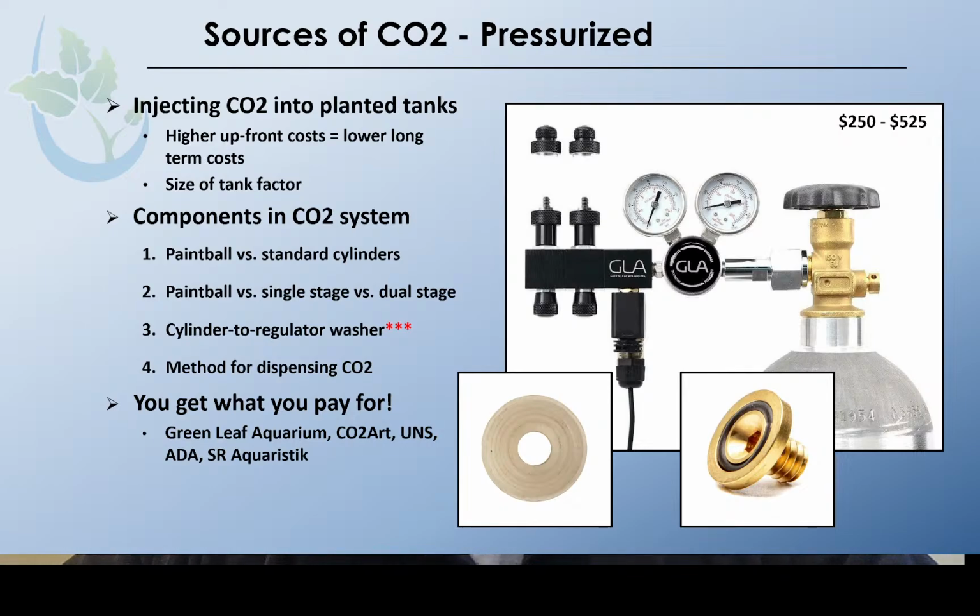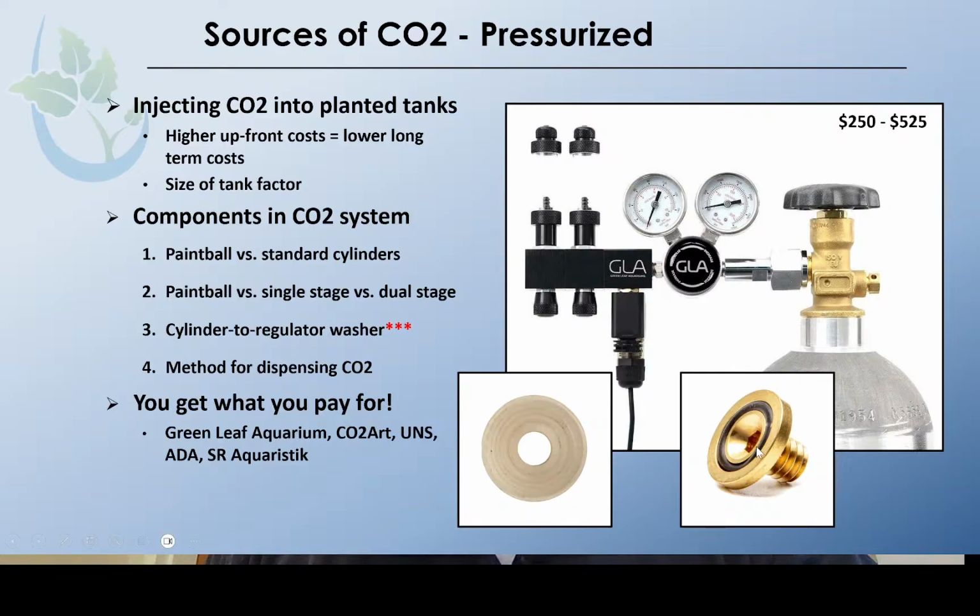As you close it up, it pinches and compresses the washer against the cylinder so that you don't get leaks in the gas. One of the great ways to check this is to take a little bit of soap water and spray it around the regulator at the entrance, where it's connected, to make sure that you're not getting bubbles being formed. If you get a bubble, that's a leak.